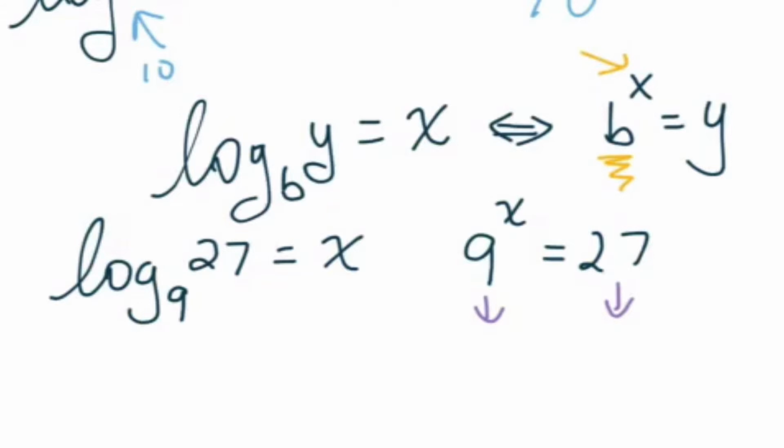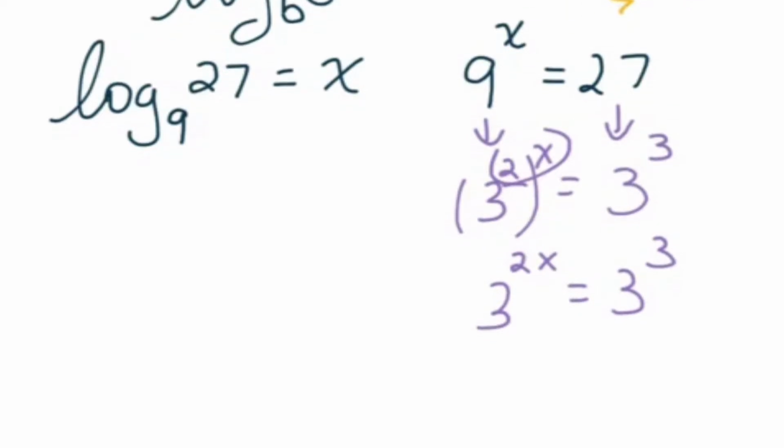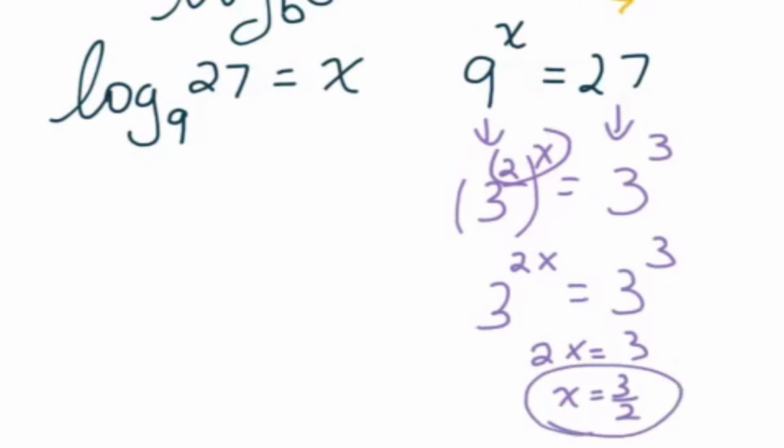I say yet because we all know that 9 is 3 squared, and 27, by the way, is 3 cubed. Powers to powers, you multiply. So that gives me 3 to the 2x is equal to 3 cubed. And lo and behold, 2x equals 3, and x is equal to 3 over 2. So the answer to that question would be 3/2.